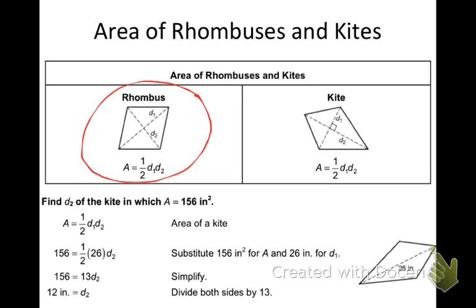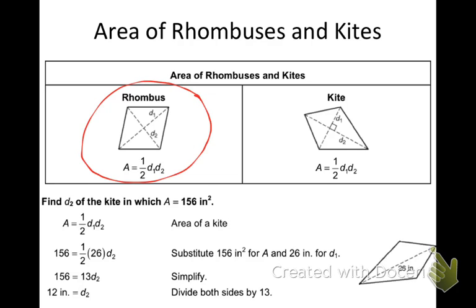Now, what is this formula very similar to? Which area formula? Look at the formulas on the other page. Which one is this one very similar to, Mr. Camden? Triangle. It's just like a triangle, isn't it?